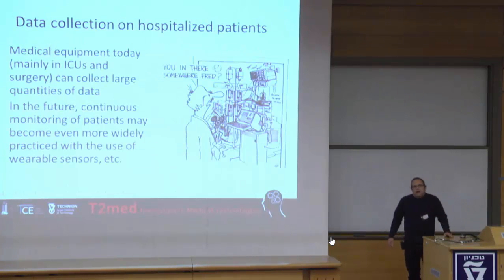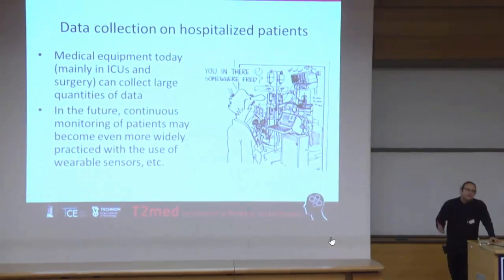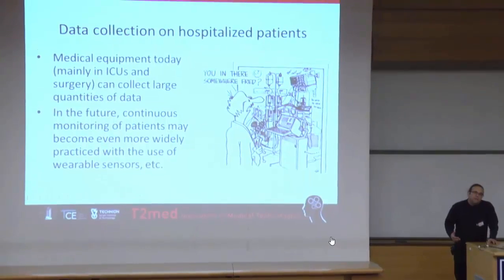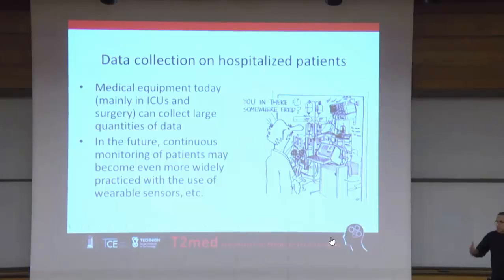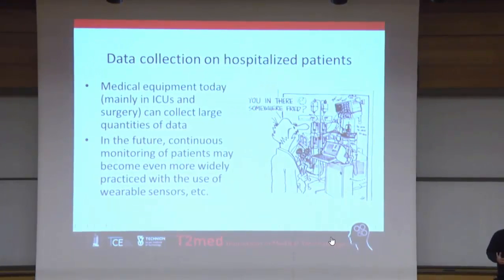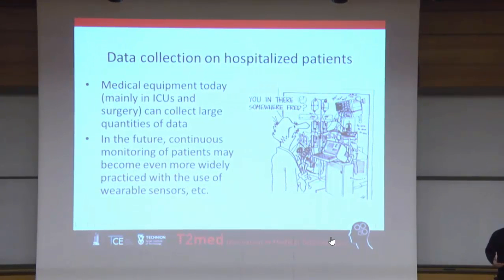The problem I want to address is related to collecting data on hospitalized patients. We now have continuous monitoring of patients in the ICU and in surgery, and we are very likely to have large-scale data collection also on hospitalized patients not in the ICU, once we have, for instance, wearable sensors.